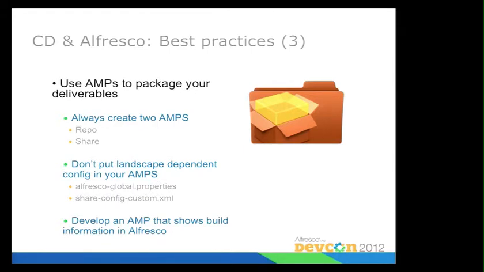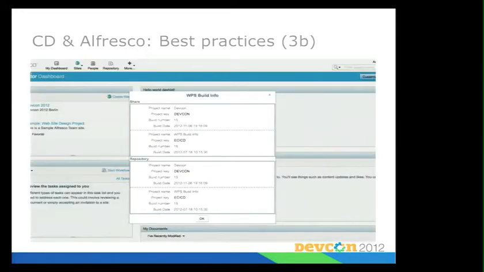Also very necessary when it comes to testing is that you have build information that is visible inside of your Alfresco environment. So what we've done is that we always include an AMP that shows this build information. And here you see exactly what customizations you have applied to your standard Alfresco. It gives you the build number, the build date, and the module that has been deployed.